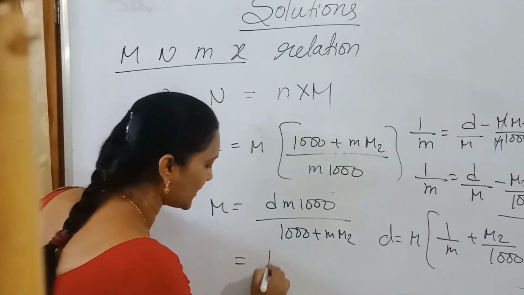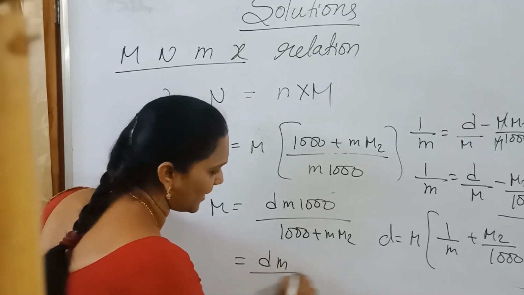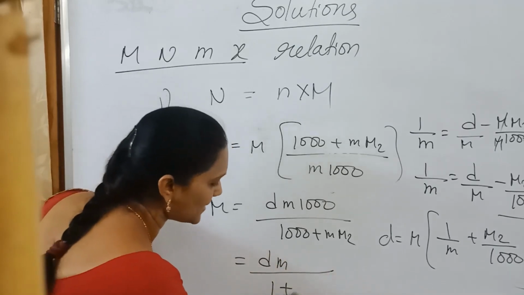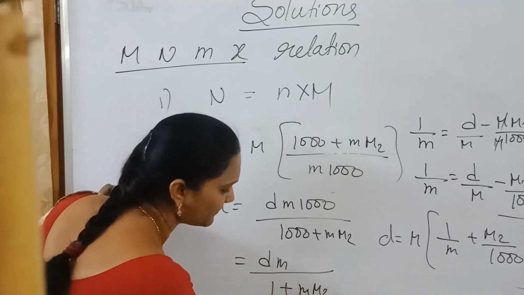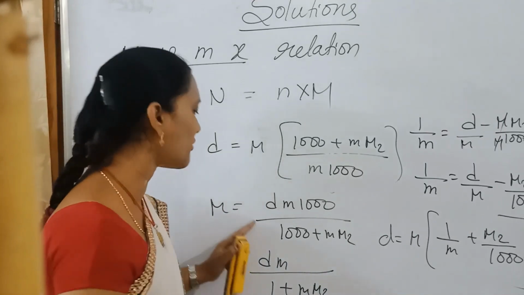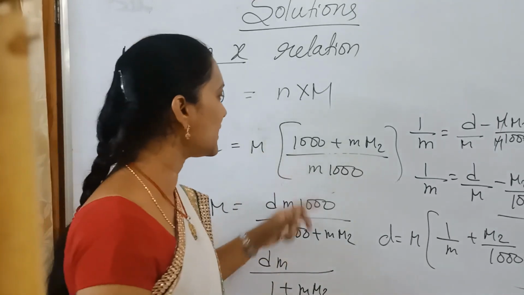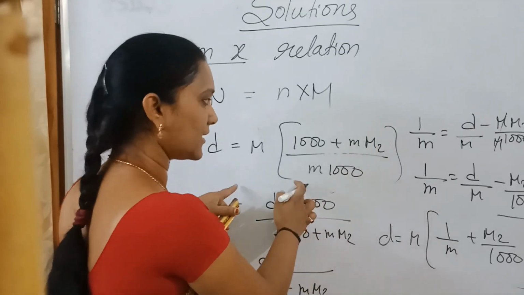Now we can take 1000 cancel, so d m by (1 plus m M2 by 1000). We can take it like this. So this is also a relation between molarity and molality. So whichever relation is given as an option, it is a correct answer.